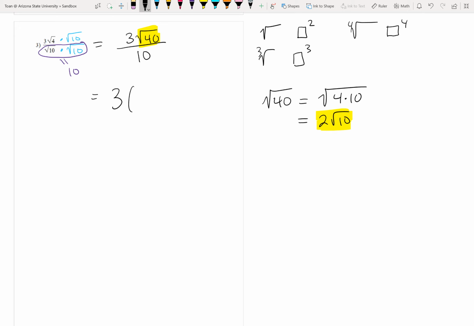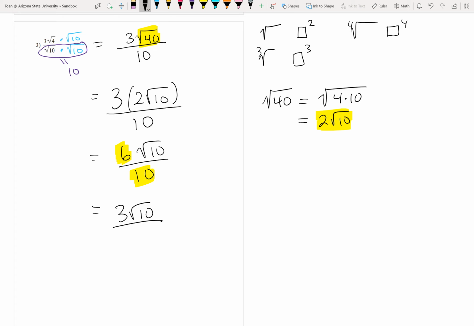Then I'm going to change the rad 40 into 2 rad 10, and then I can multiply. Now when it comes to simplifying radical expressions, you have to look at the outside numbers separately from the inside numbers. So when I ask myself, can I simplify this? I'm only looking at the 6 and the 10, which we know we can divide out of 2. So the final simplified form should be 3 rad 10 over 5.